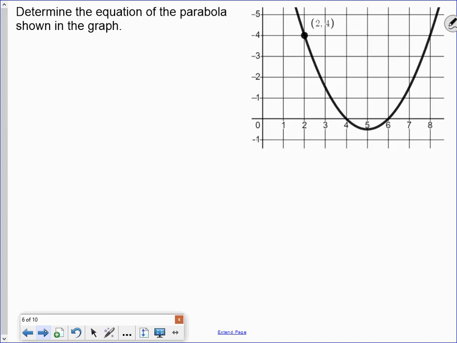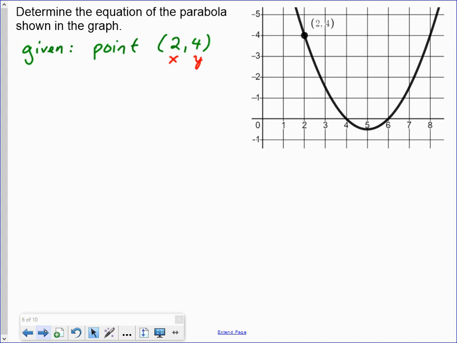Again, we are given the graph of a parabola and we need to determine the equation. So let's look at what information we are given from this graph. We've got a point, 2, 4, which we know is going to give us a value for x and a value for y, but that's the only thing that's kind of highlighted on this graph.